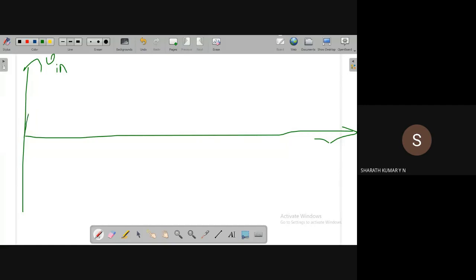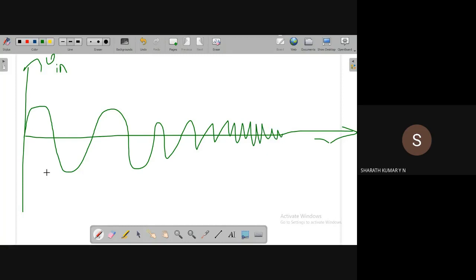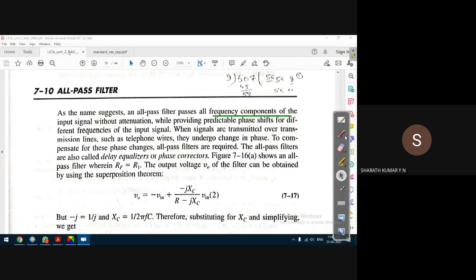From low frequency signals to high frequency signals, it will pass all the frequency signals. That is called an all-pass filter. Very simple. That means the input signal is not attenuated. All the frequency signals are passed by the filter, while providing predictable phase shifts for different frequencies of the input signal.